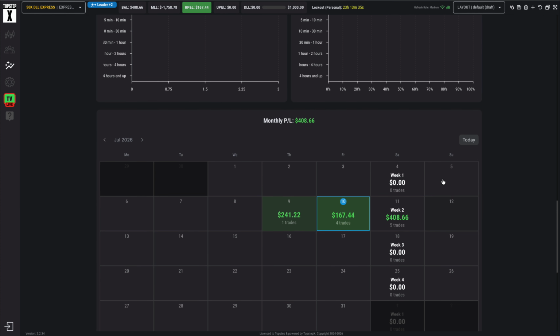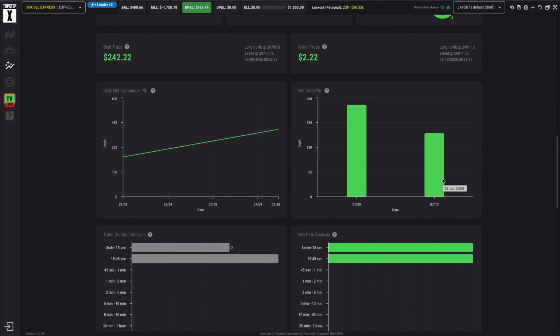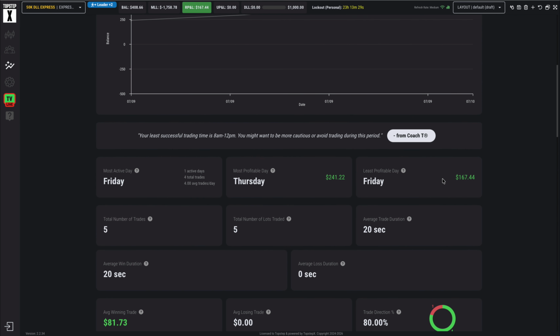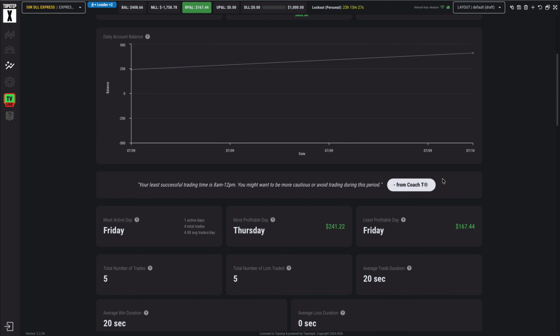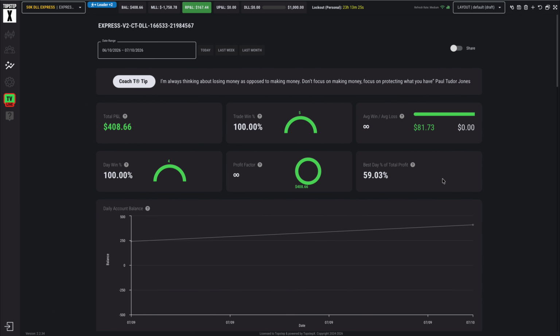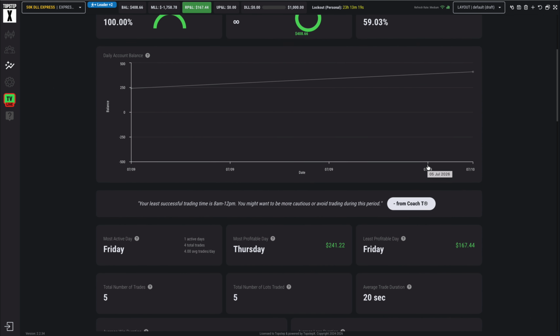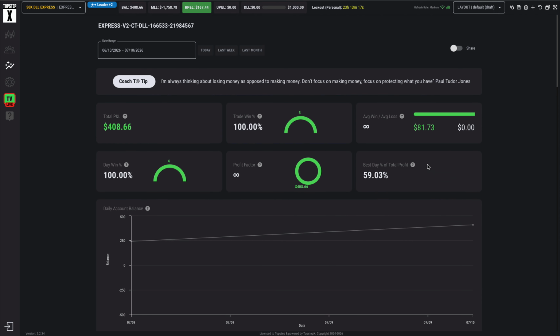Four smaller trades, but we switched to MNQ for a bit just to protect our account and not give it back, because with one mini you can give it back very, very quickly. So full transparency, 2 days done, 408. Consistency rule is on point right now, and yeah, trade win percentage 100%.